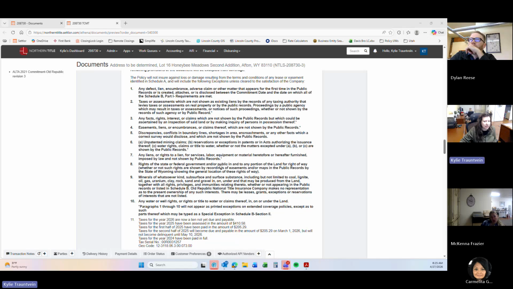So these standard exceptions from our underwriter get deleted off the policy. And so that increases the coverage that these people are getting because they have fewer exceptions on the policy, if that makes sense. So those policies are typically a lot more expensive, and they require underwriter approval always.